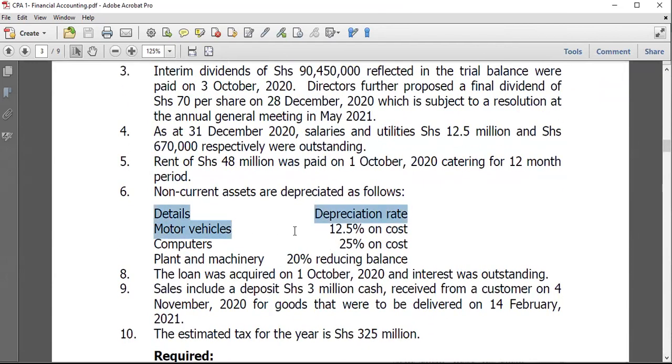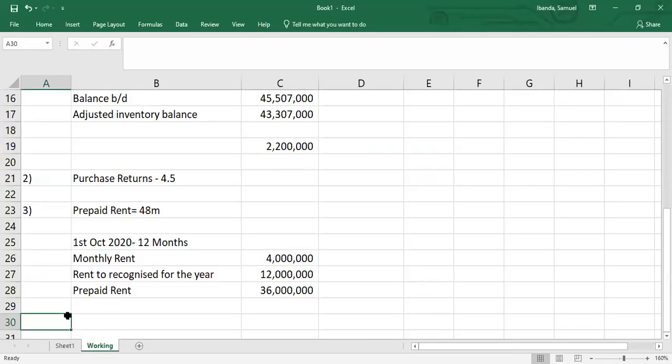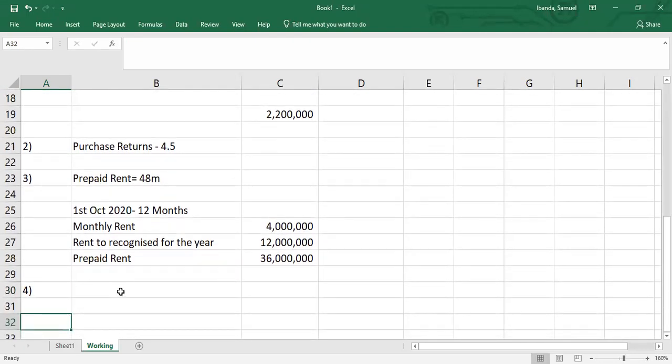So we need to take it into consideration and go ahead to depreciate our assets. We have been given the information for depreciating our assets, so we should be able to depreciate them given whatever we have. So I'll just come here, maybe to my working, and say depreciation.